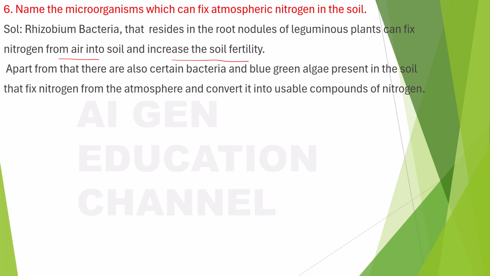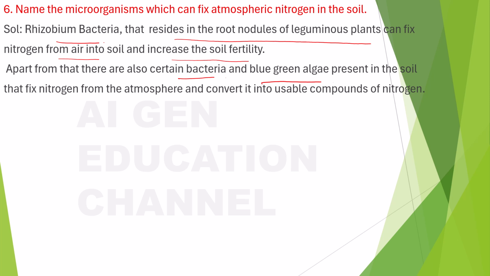Right? So, where will the rhizobium bacteria be? That resides in the root nodules of leguminous plants, and this will fix the nitrogen from air into usable nitrogen compounds that will increase the soil fertility, right? And apart from that, there are also some other bacteria and blue-green algae which serve the same purpose, right?